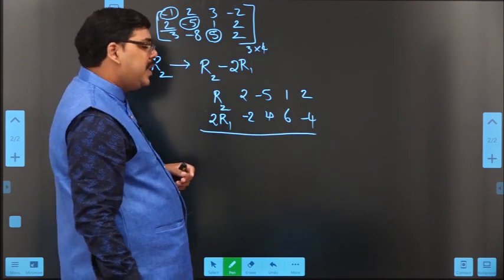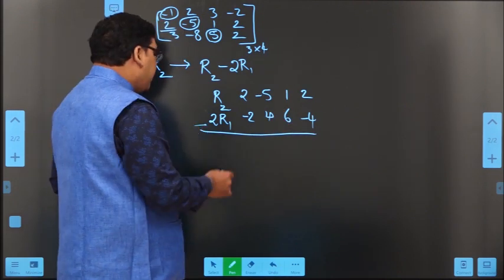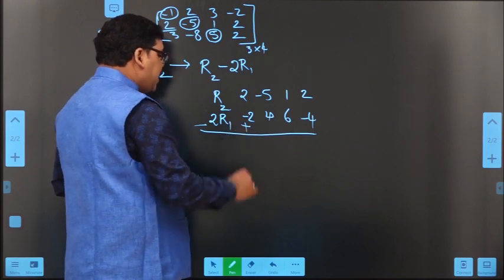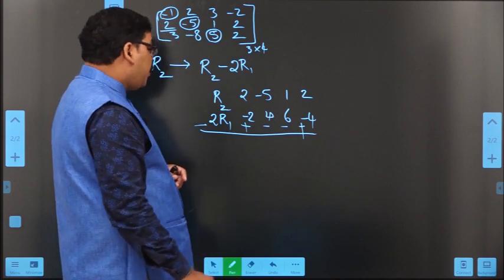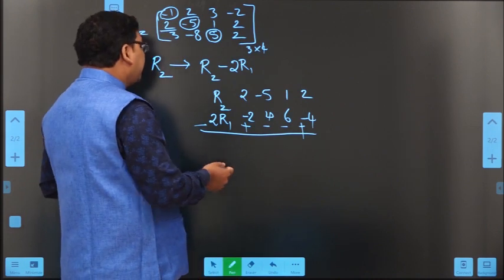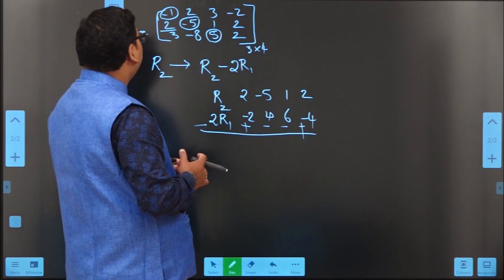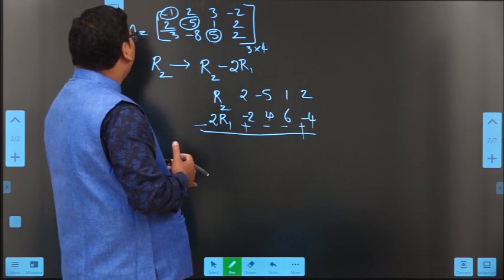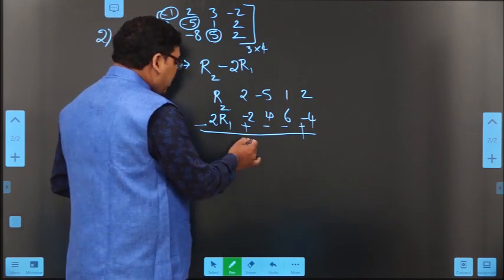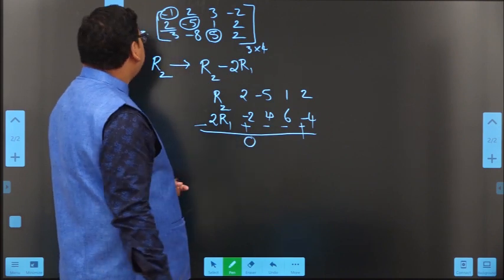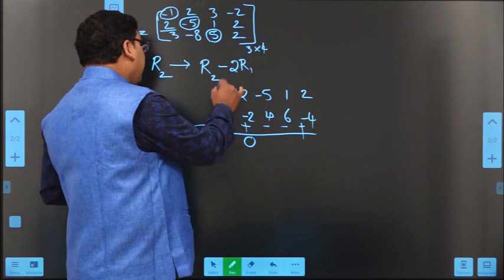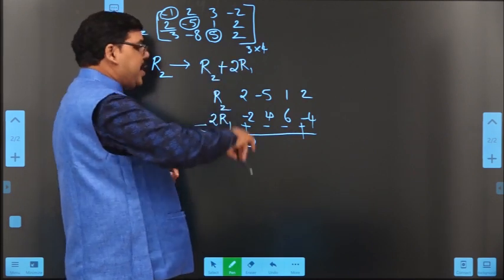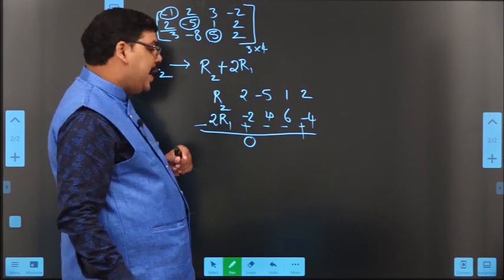No, we are subtracting them. So, what is the result? Are we getting 0 here? We need to get 0. So we shouldn't subtract. We should add.